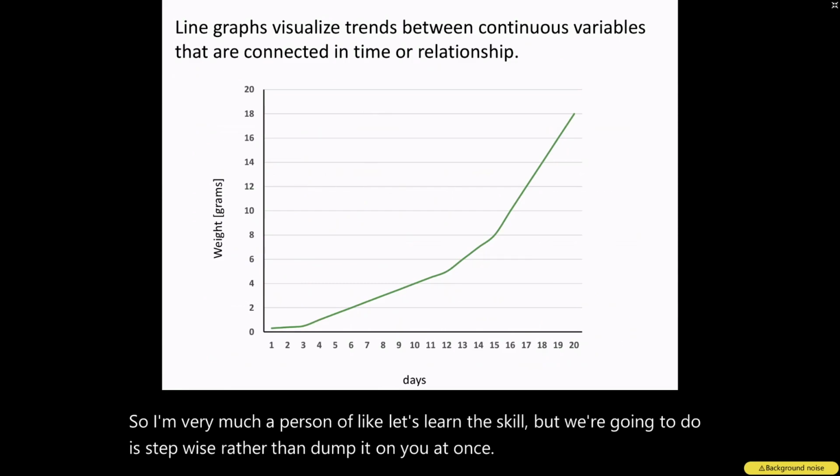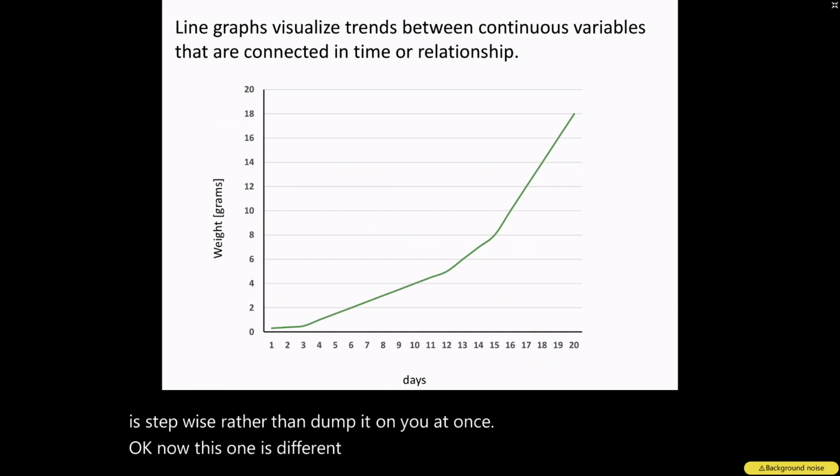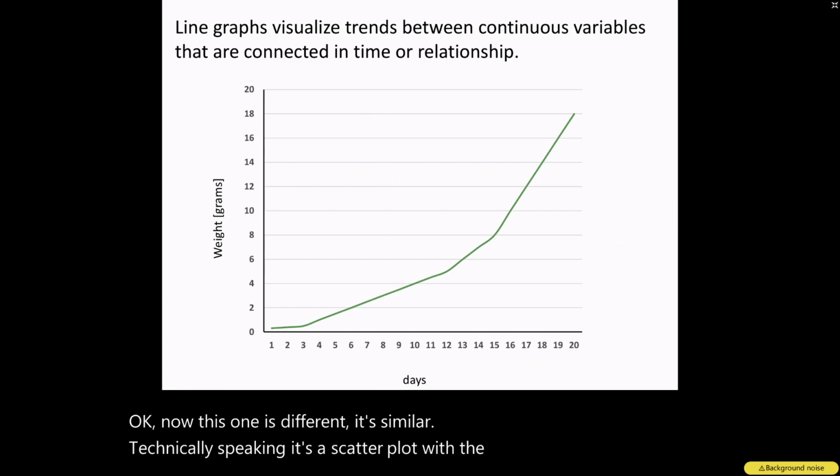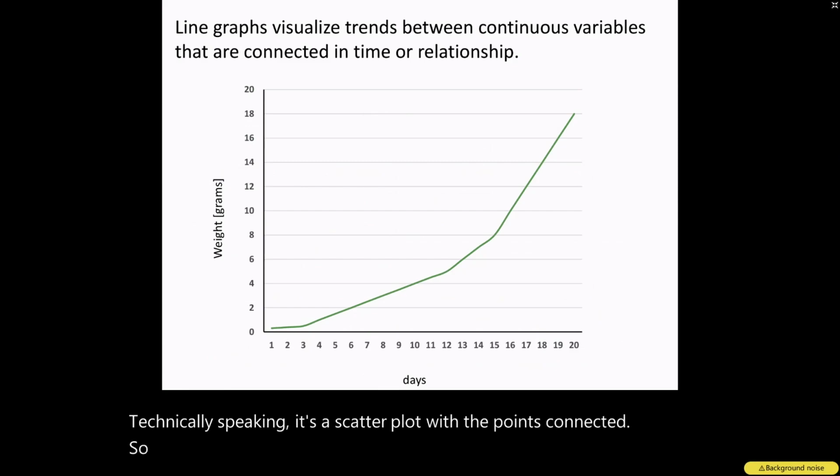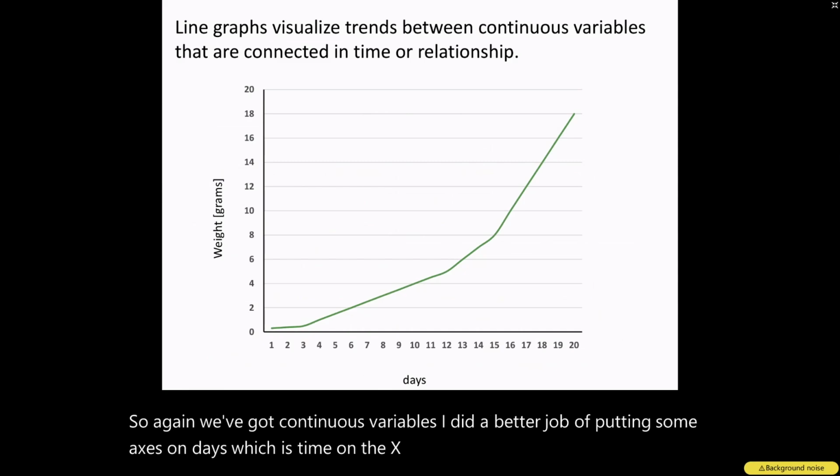Okay, now this one is different. It's similar. Technically speaking, it's a scatter plot with the points connected. So again, we've got continuous variables. I did a better job of putting some axes on. Days, which is time on the x-axis, and weight in grams. Has to be grams because science class.